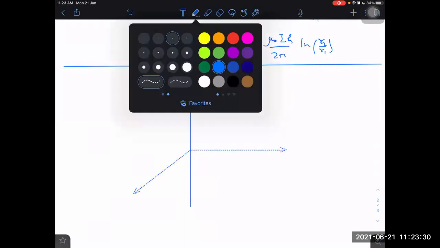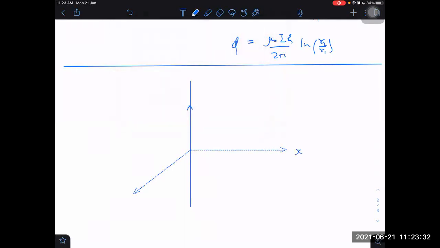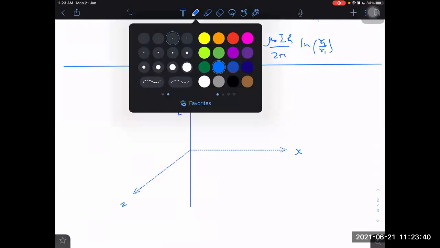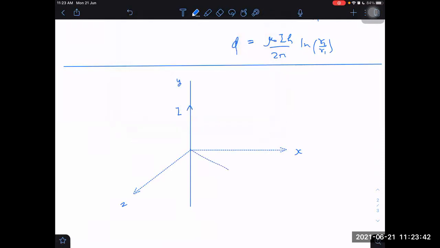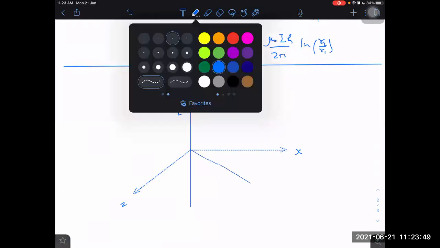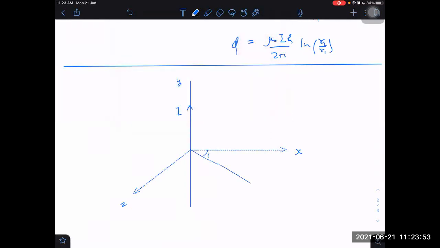So x, y, z, and current I. And I'm giving you a plane like this here, making an angle theta with x-axis.